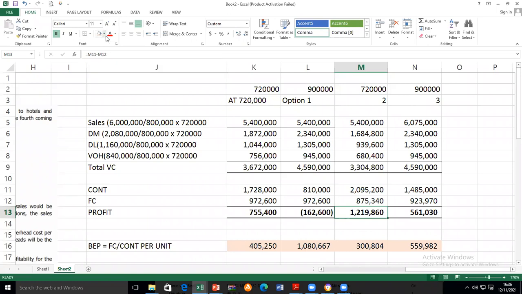Option 2. Why is it good? Highest profit and also to break even. You don't struggle a lot to break even, no. We don't struggle.